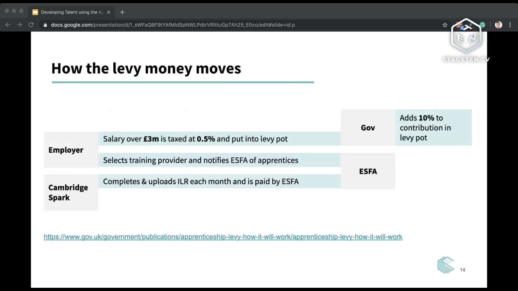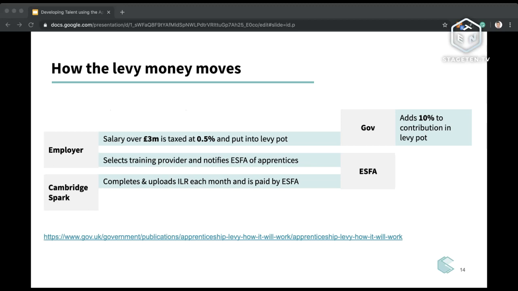And a very quick illustration of how the money moves. The employer with the salary bill over £3 million has that 0.5% taken and added into a government pot, where the government adds 10% to whatever's sat there. The employer then selects the training provider and notifies the ESFA, the Education Skills Funding Agency, that they've got a training course, they've got apprentices, it's all ready to go and it's approved.